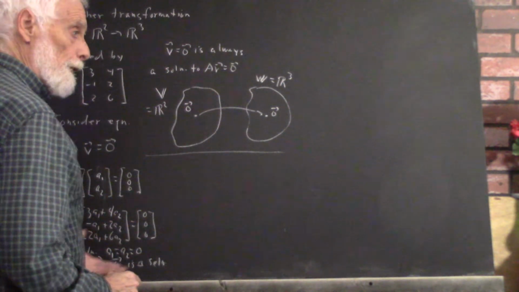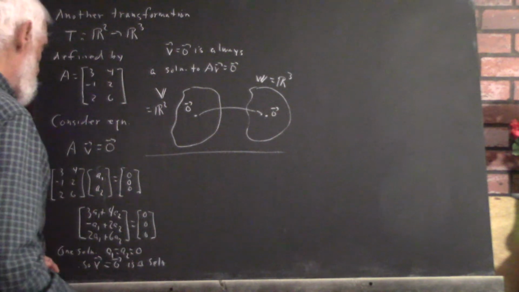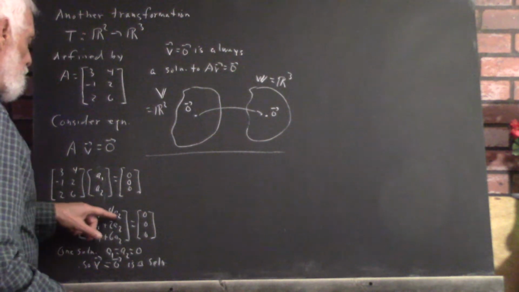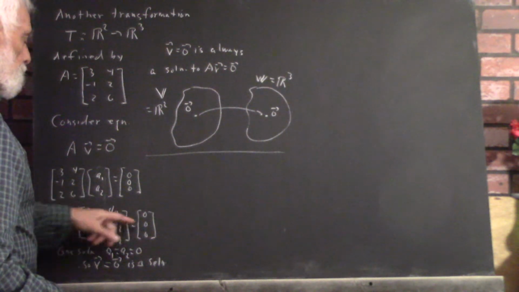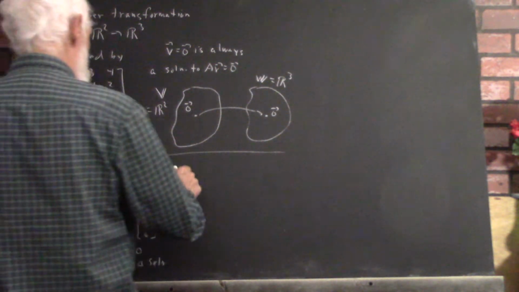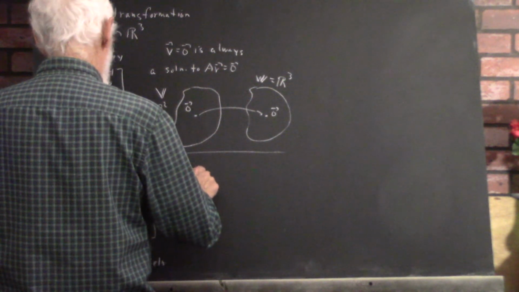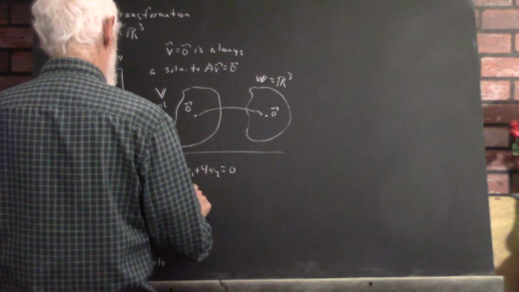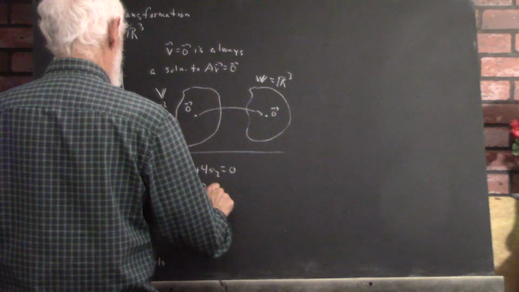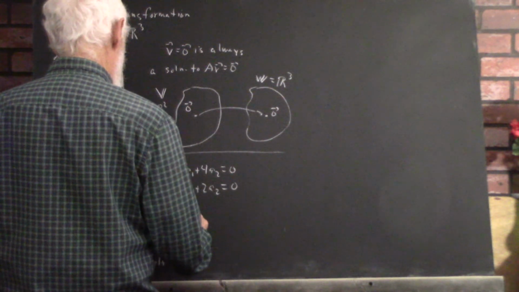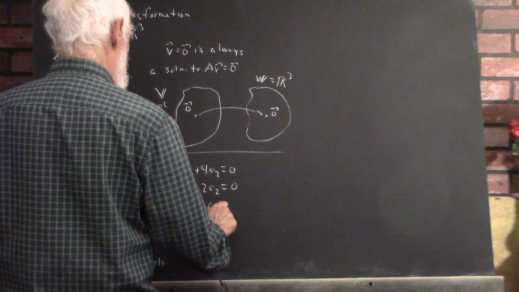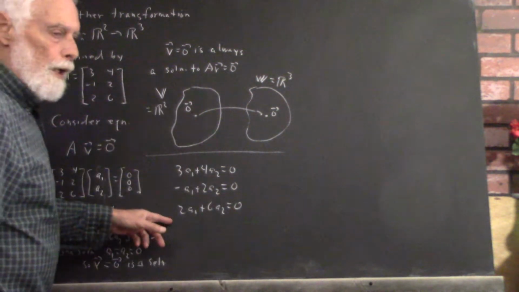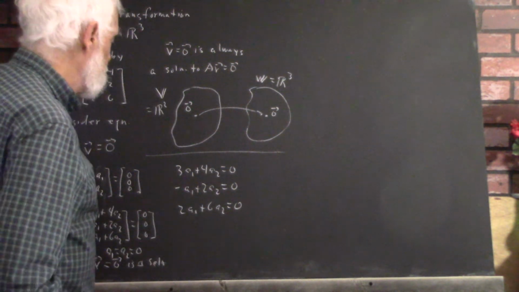Now, is there any other vector that maps to the 0 vector? Okay, well, could we find an A1 and A2 that satisfies all three of these equations? If so, then these three simultaneous equations have to be satisfied.